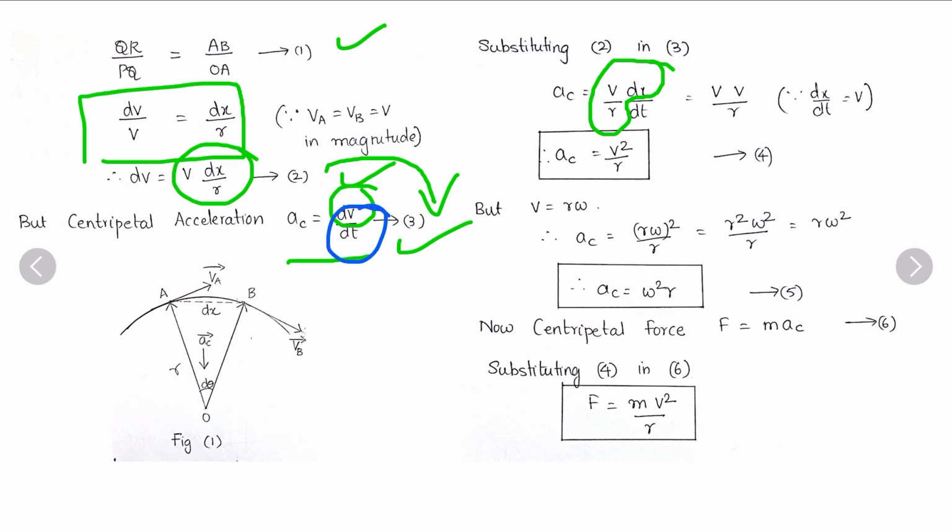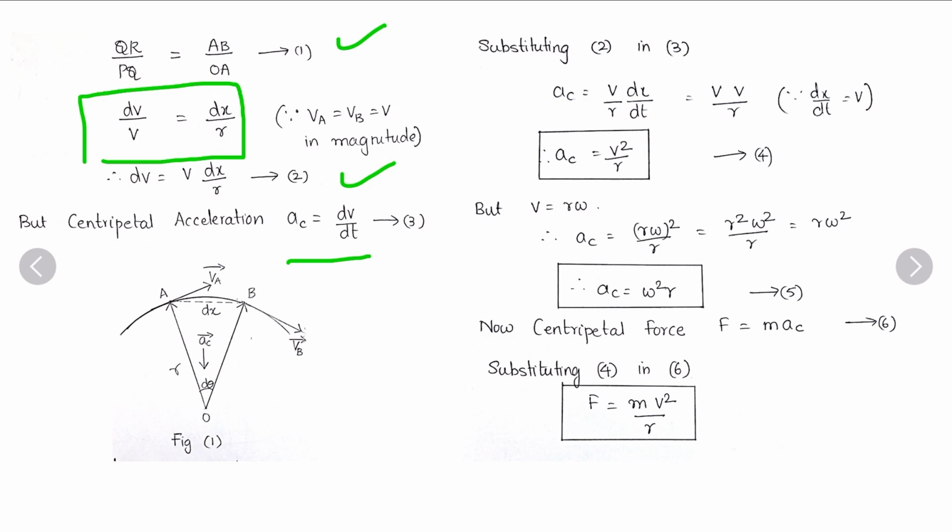So once again, substituting equation 2 in 3, that is, the dV value substituted in the centripetal acceleration formula.